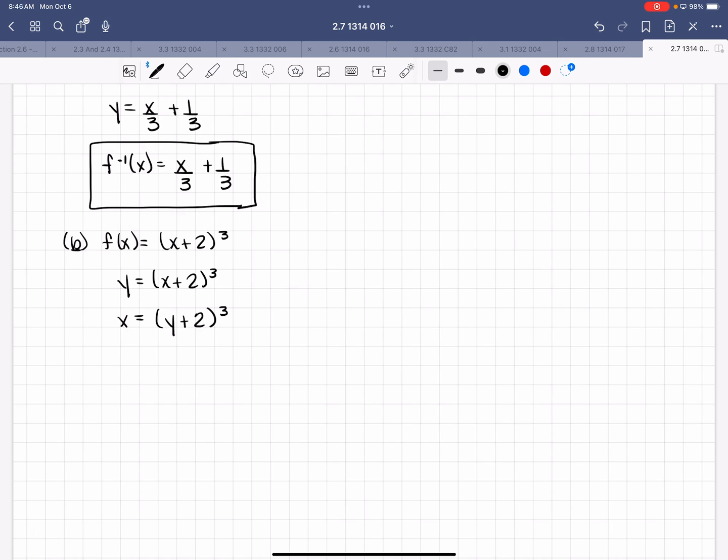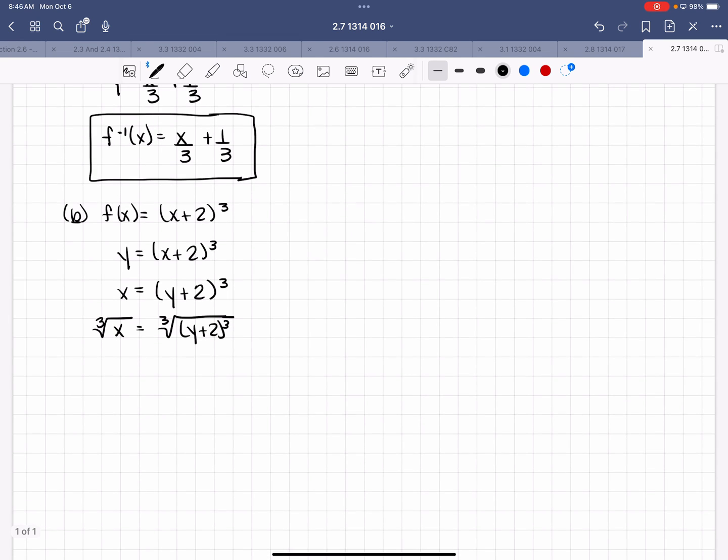Now we've got to get y by itself. How do I get rid of the cubed? Take the cube root of both sides, right? We need to get that y out of that cube. So the left-hand side is going to stay the cube root of x equals, now, when I take the cube root of y plus 2 cubed, the inside just falls out.